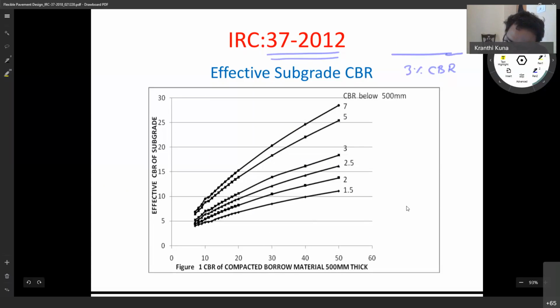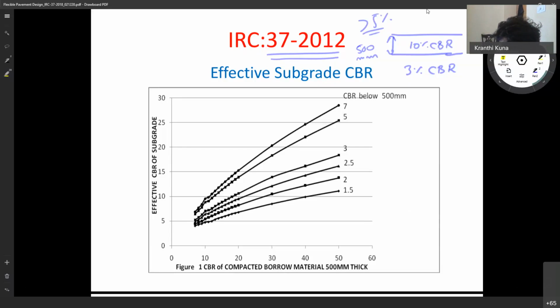So I brought borrow soil and constructed 500 mm of subgrade on the top of this, compacted to 97%. I brought 10% CBR material. Now I want to check whether the effective CBR, the CBR together of these two layers, is greater than 5% or not.